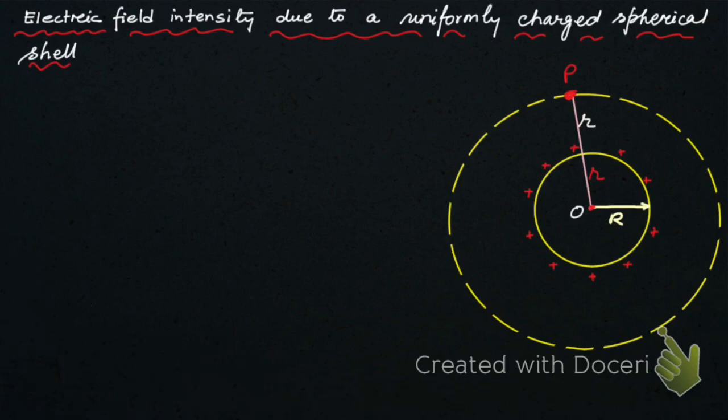Now we will calculate the electric field intensity at P due to this uniformly charged spherical shell. When P is outside the shell, that means small r is greater than capital R, this is the first case. In the next cases, P is on the surface of the shell, and P is inside the shell. In all three cases, we're going to calculate the electric field intensity due to this spherical shell.